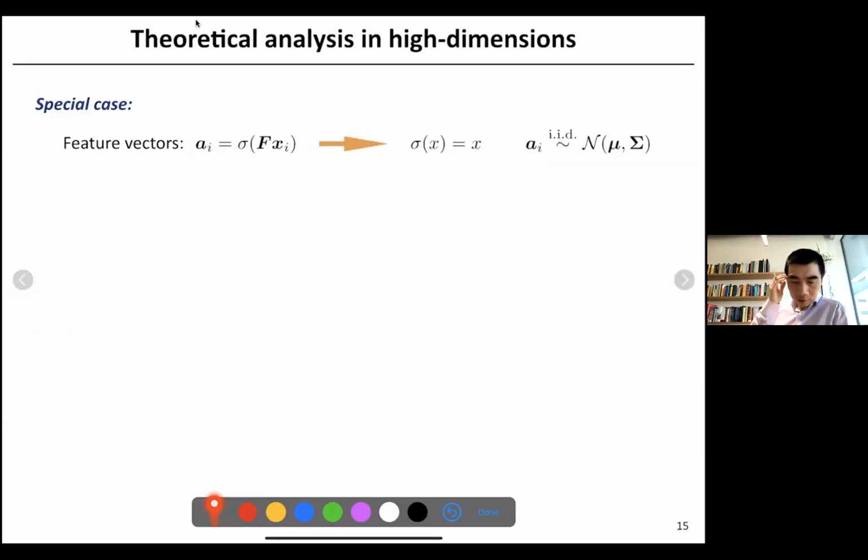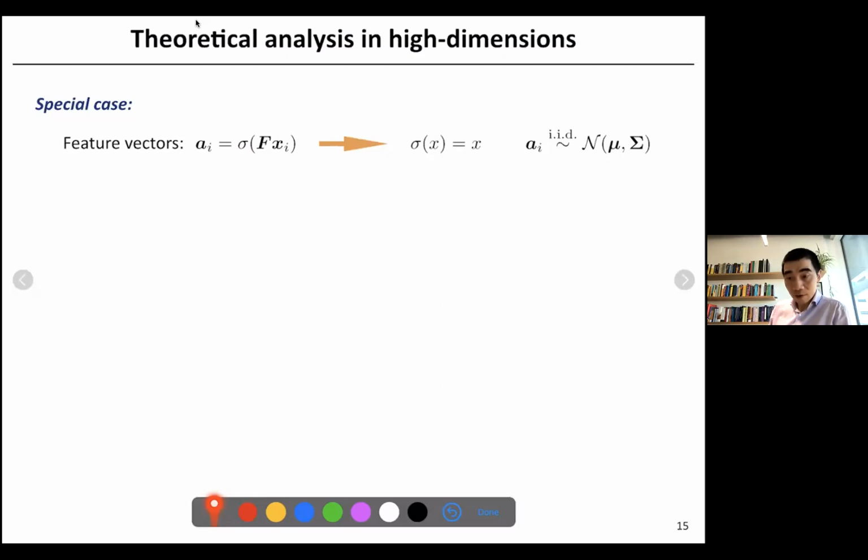Now what are the results in the literature? There have been a lot of results in the literature analyzing problems like this, but typically under some additional assumptions. The additional assumption is for a special case when the nonlinearity sigma, this is the nonlinearity that you apply, is just x.